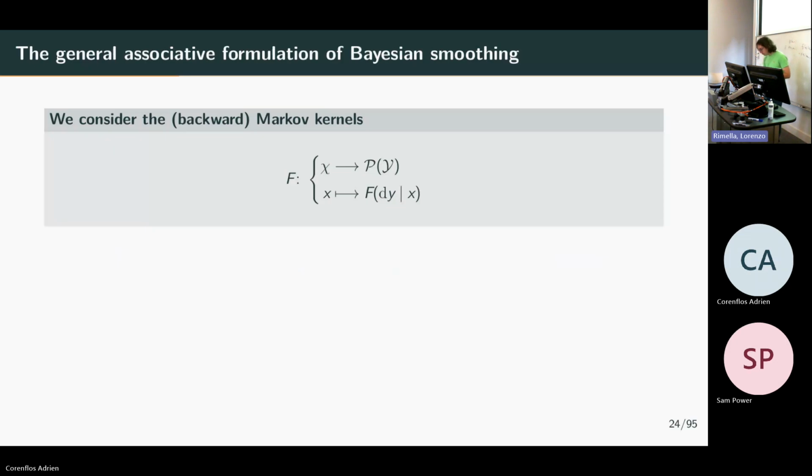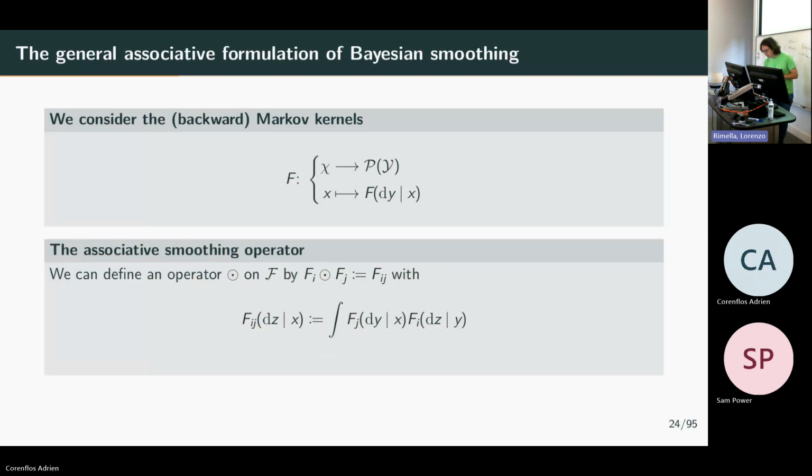So rather than looking at Markov kernels and their normalizing constants, like having some kind of weighted Chapman-Kolmogorov, here we just consider the Markov kernel itself. That's going to be the backward version of the Markov kernel arising in the smoothing distribution.